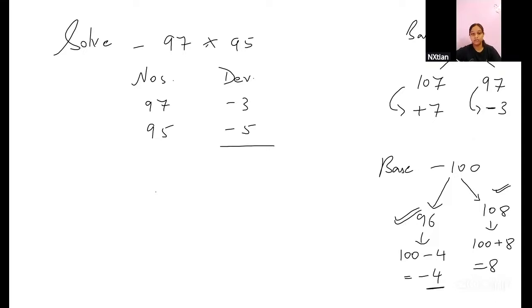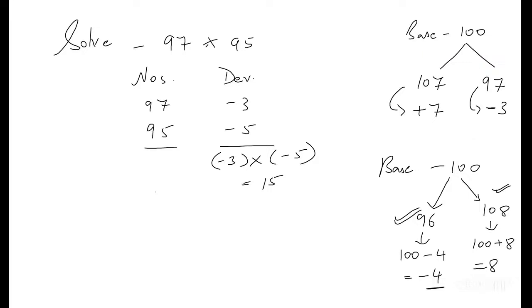So the answer is 9215. Now multiply minus 3 by minus 5. We get 15. And here we will subtract, not add.